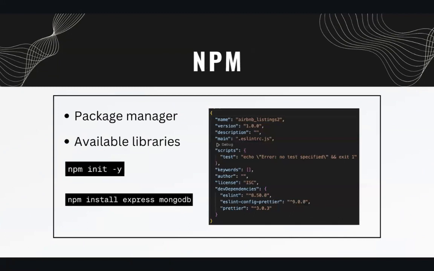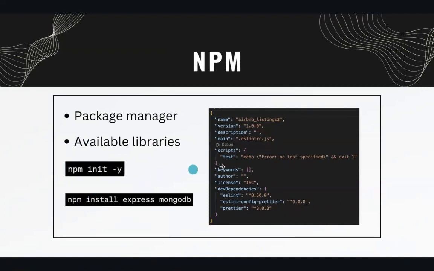So for NPM, any discussion about Node.js is incomplete without mentioning NPM. It's not just a package manager, but also a vast ecosystem. The big libraries available, ranging from utilities to full-fledged frameworks, have significantly reduced development time. Starting a project becomes standardized with NPM init.